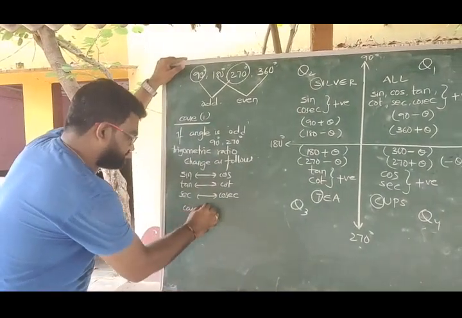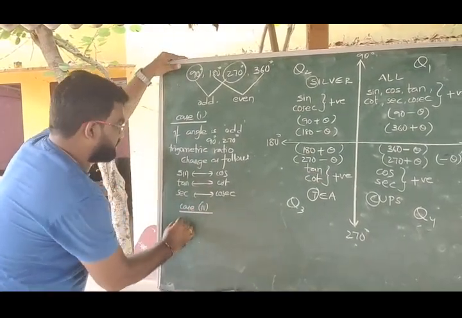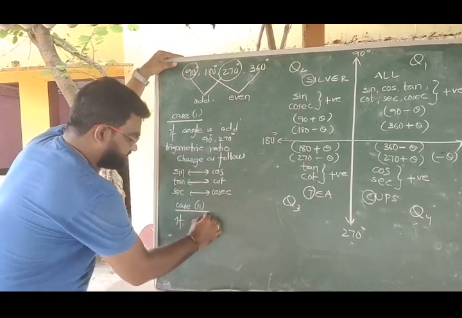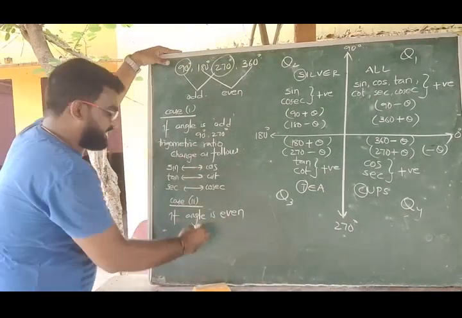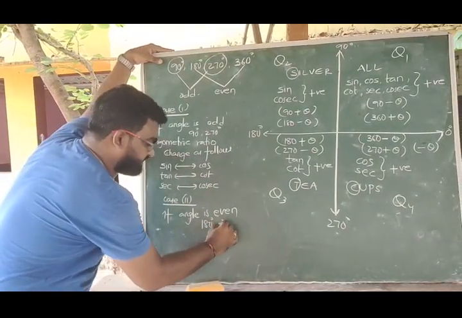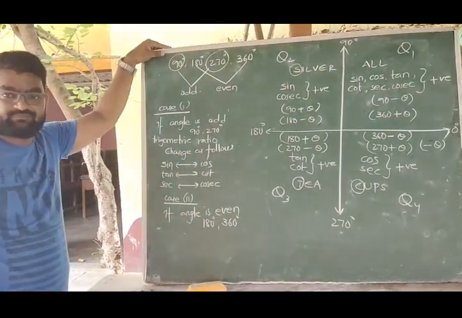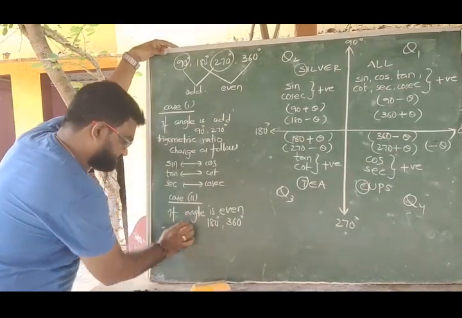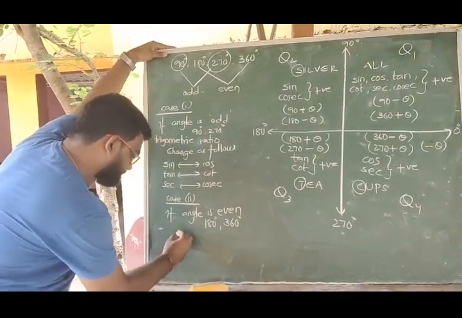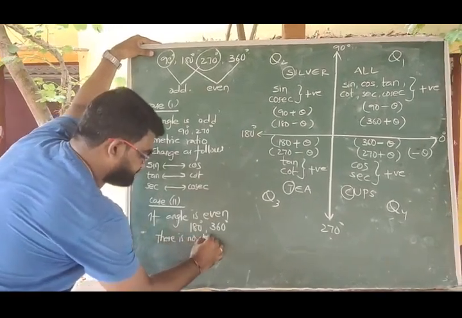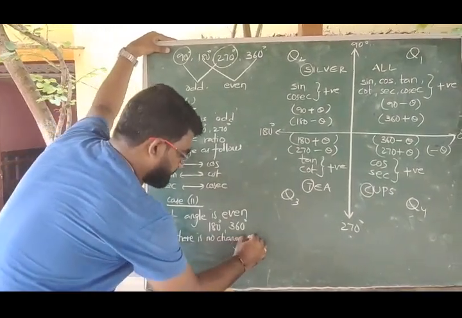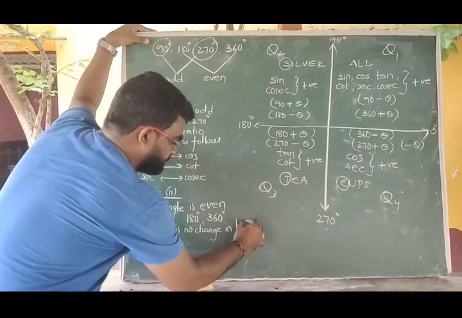Case 2 now. If the angle is even, so what are the even angles here? 180 and 360 degrees. Okay? There is no change in the trigonometric ratio.